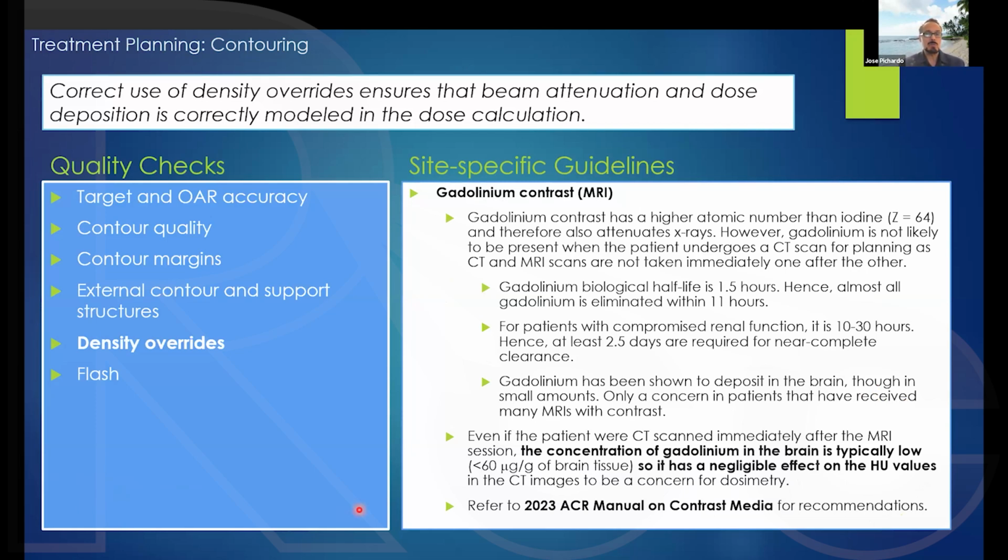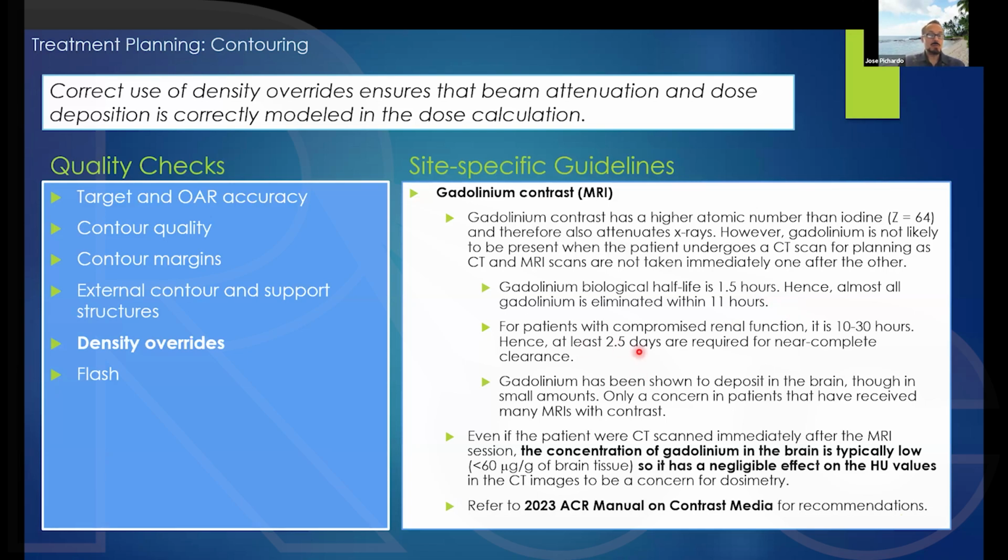There's quite a few days in between. And the biological half-life of gadolinium is like 1.5 hours. So if they MR scan the patient one day and the following day they do the CT, you're going to have probably more than 11 hours, and pretty much all the gadolinium is gone from the patient, right.